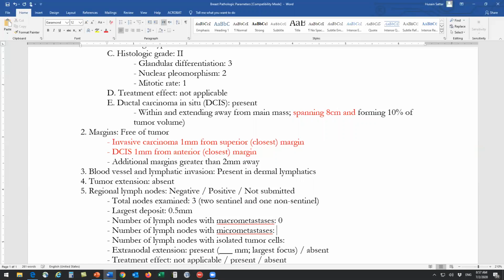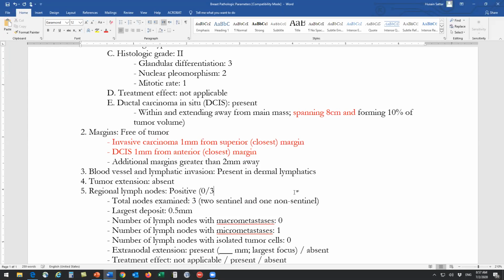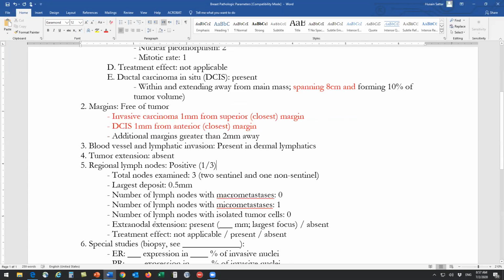The total number of micromets is 1, and the isolated tumor cells are 0. Then the way I'll summate this is here I would say positive, and I would say 1/3. So it looks like that, okay?